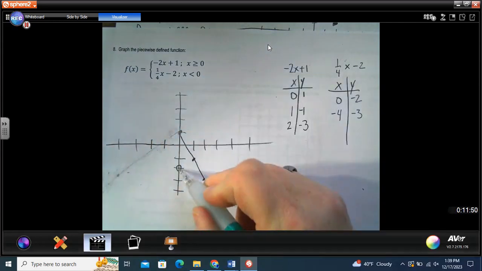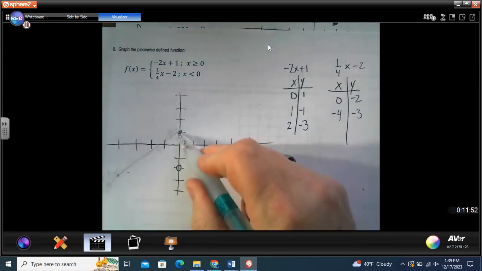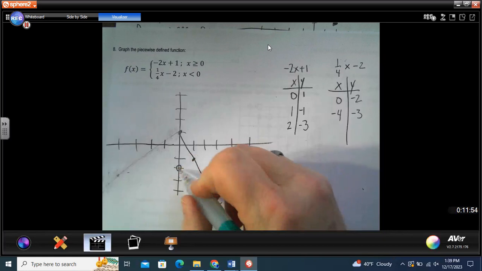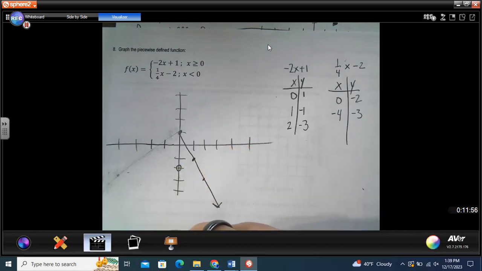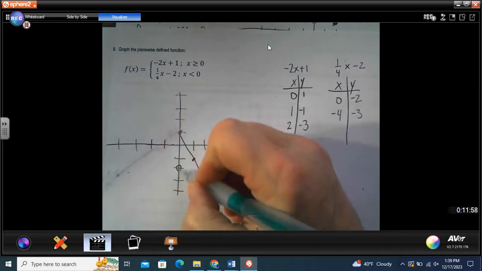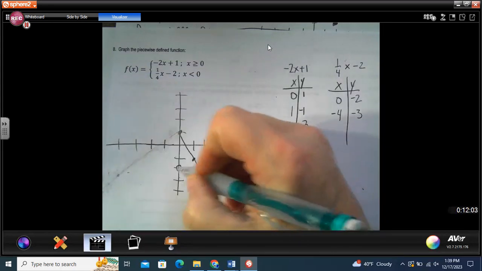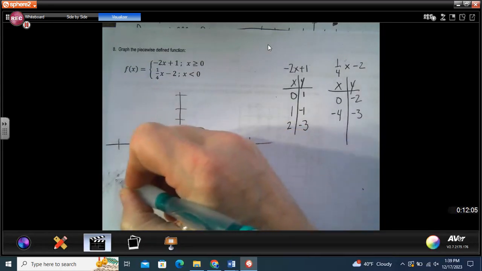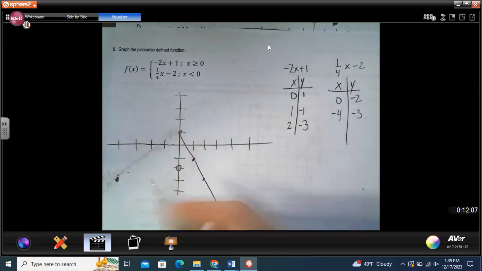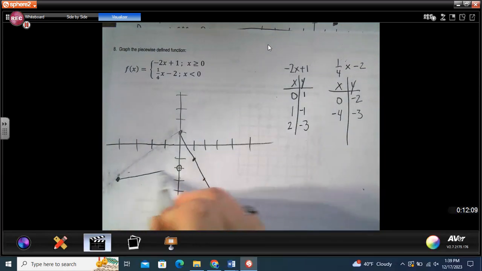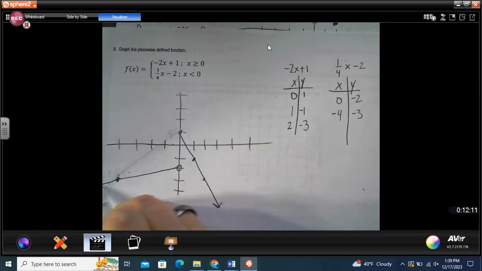It emanates from here, not from here. Silly. So what is that point? -4, -3. So that is that line. Okay.